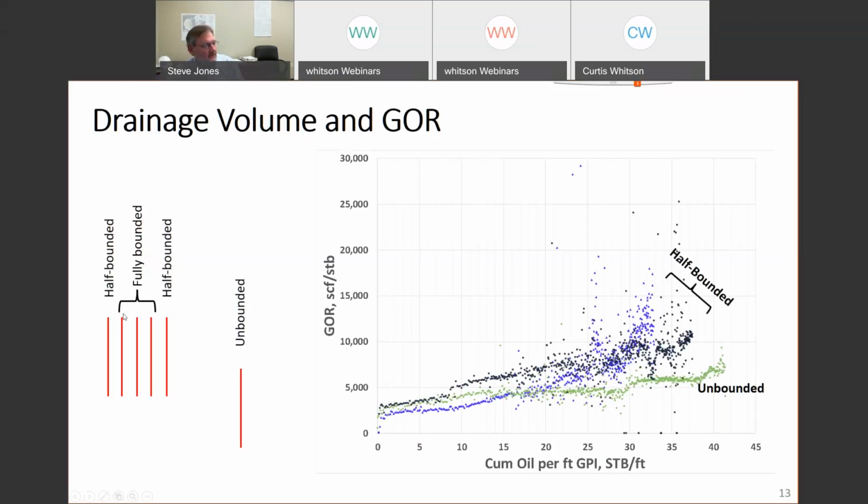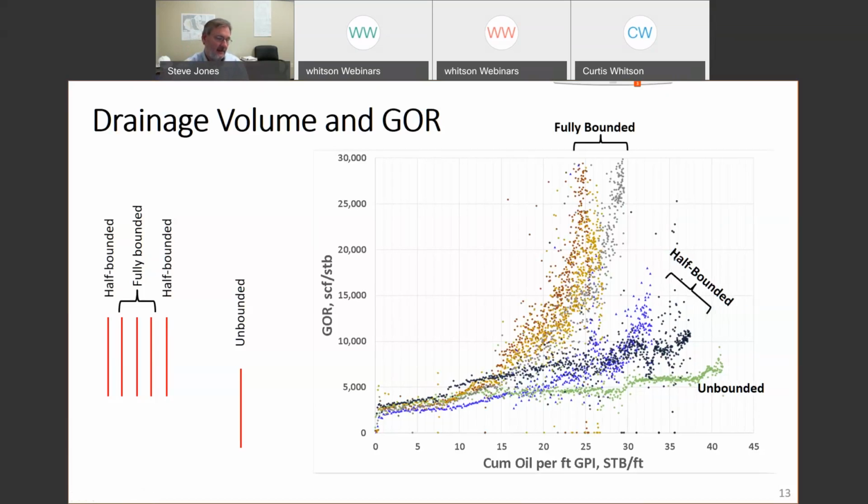Then if you look at the half-bounded wells, which are the wells on the edge of this developed pattern, you see that they start out in a similar GOR, but they rise a little bit faster. And you can see out here towards the end, they're beginning to curve up quite a bit more than the unbounded well is. But then if you look at the fully bounded infill wells, you see they have a pronounced upward curvature.